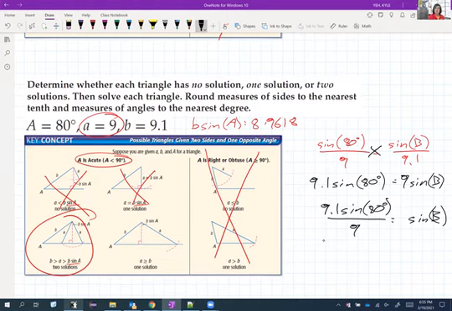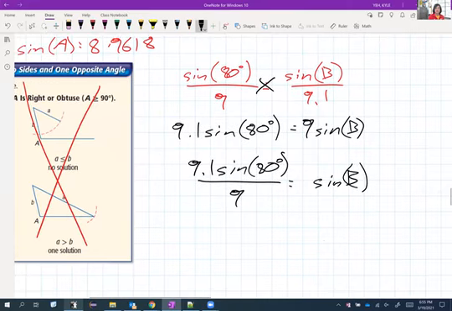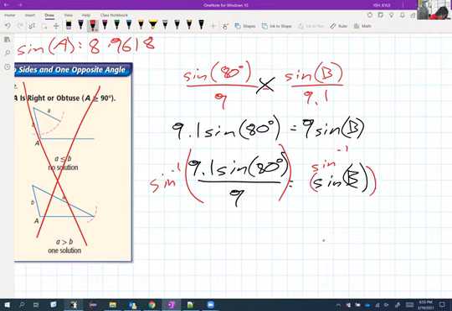And here's where the trick kind of comes in. I don't mean like a trick question, but this is the key point to understanding how there could be two solutions. I know that I need to inverse sine both sides specifically so that on the right, my sine disappears.